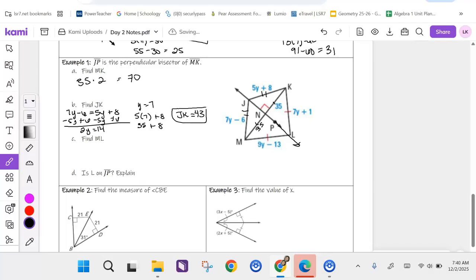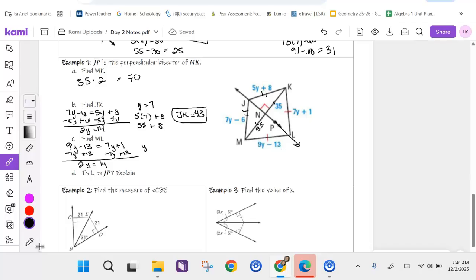Find ML. So you're going to do the exact same thing. You're going to put 9y minus 13 equals 7y plus 1. Subtract 7y, add 13. 2y equals 14.